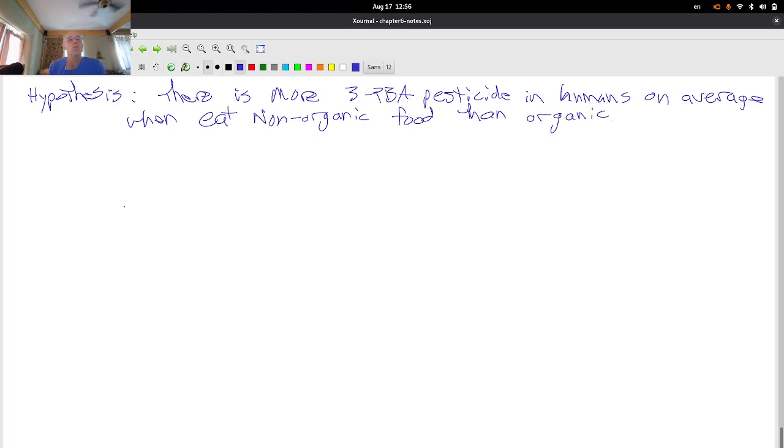Okay, so my parameter is the average difference. So this is the population parameter, and it is a mu.